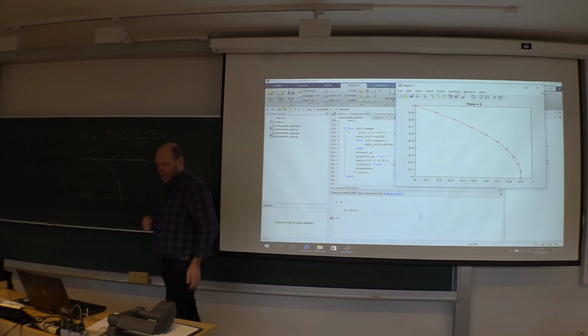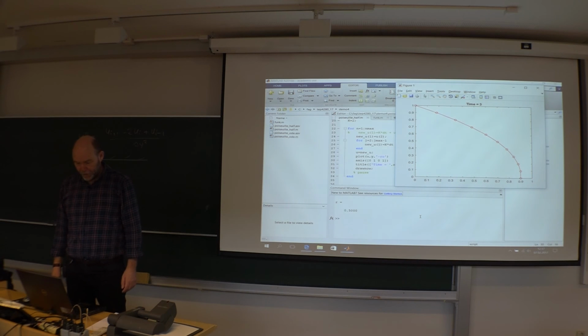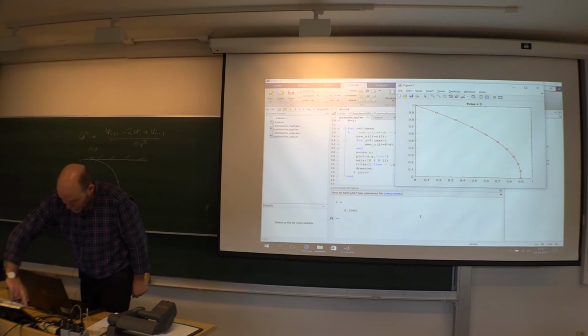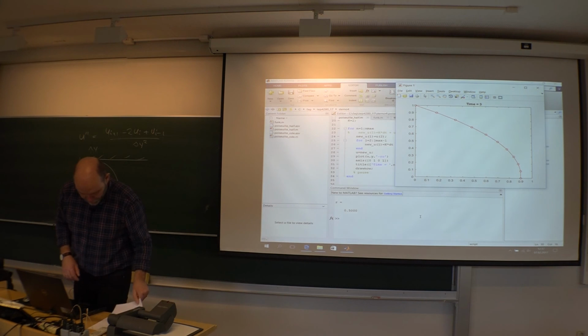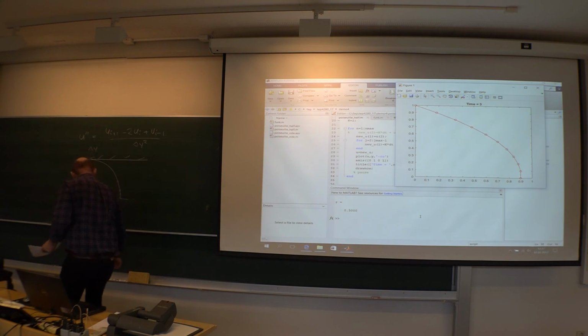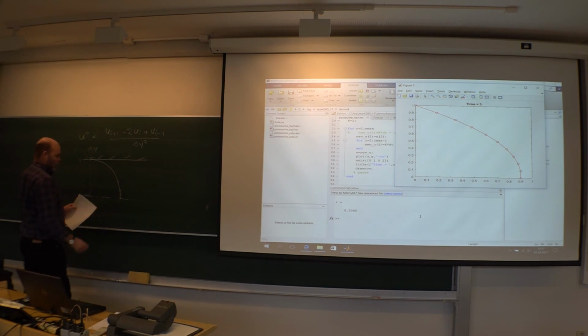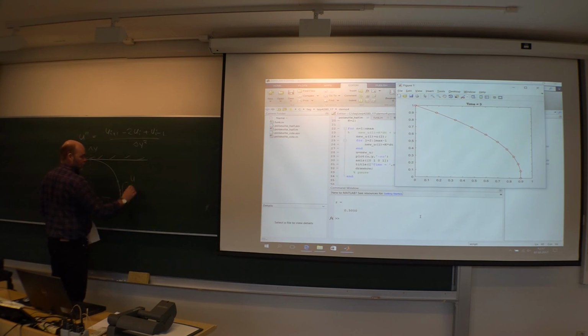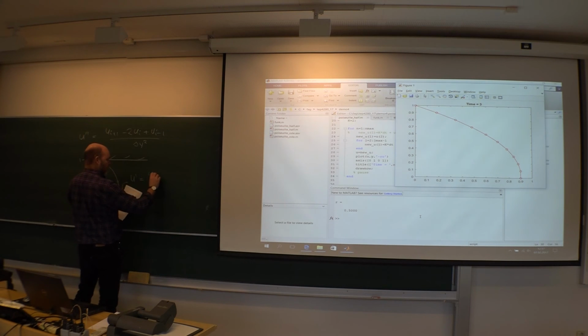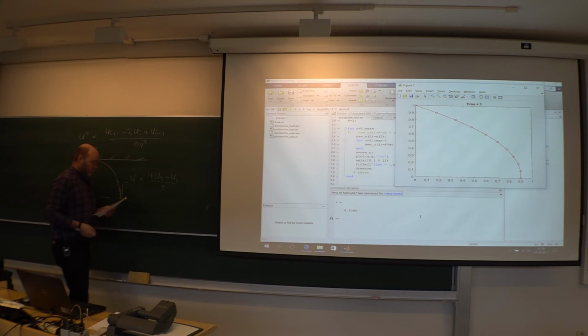So what else can we do? Well, you can look in the book, and you find recipes there for higher order derivatives. So you have one here saying u derivative at this point equals, then I have to look, what was it? 4 times u number 2 minus u number 3, divided by 3.